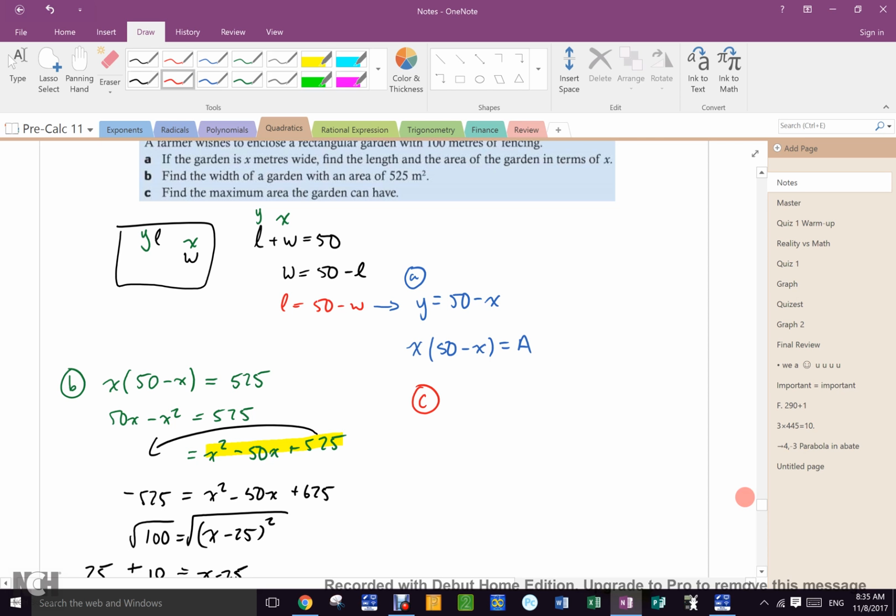I can find the vertex right from here, can't I? How? What finds me the vertex when I have standard form? Maybe I should look at page 110.